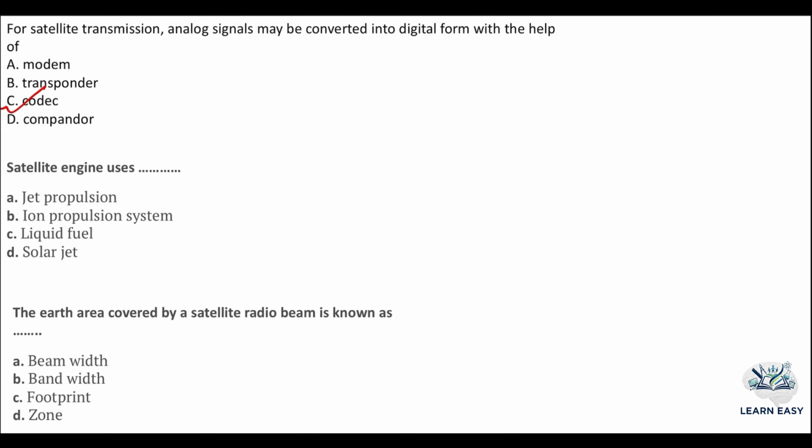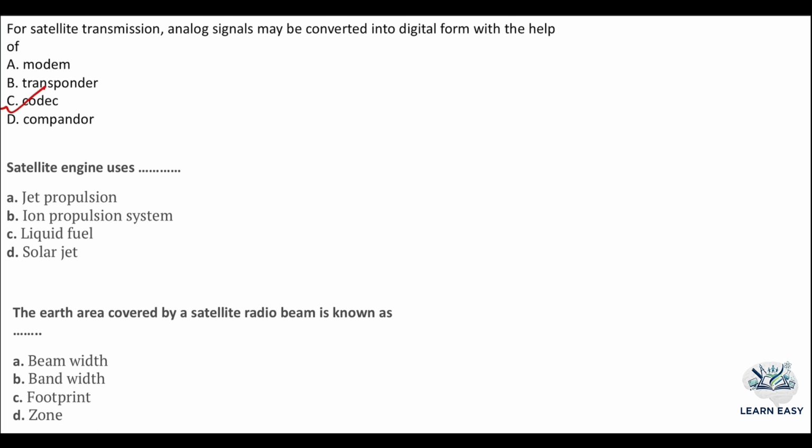That is option C. Next, the satellite engine uses dash. Option A, jet propulsion, option B, ion propulsion system, option C, liquid fuel, option D, solar jet.